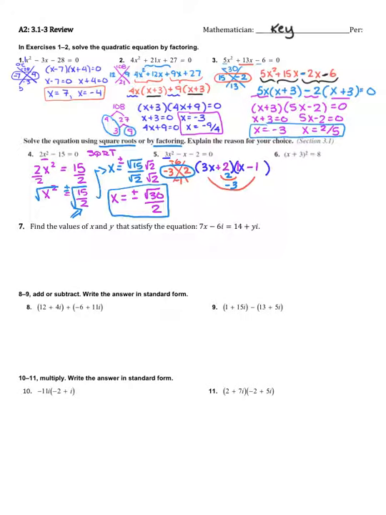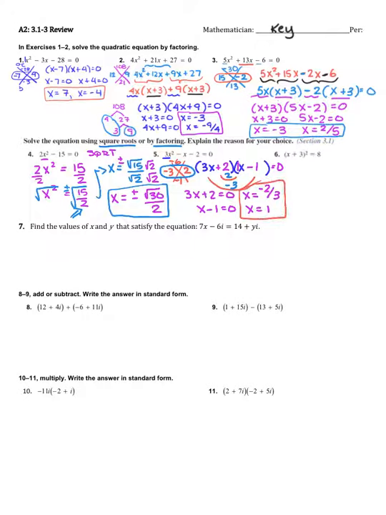That's a positive 2. So we set that equal to 0, and then set each factor equal to 0. So this will give me x equals a -2/3, and x minus 1 equals 0 gives me x equals 1. And there are my two answers for that problem.